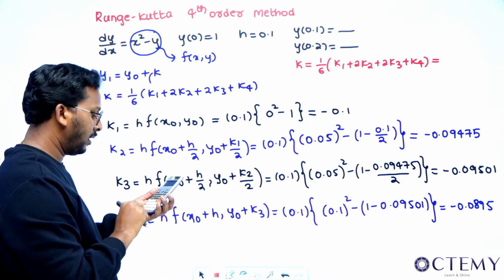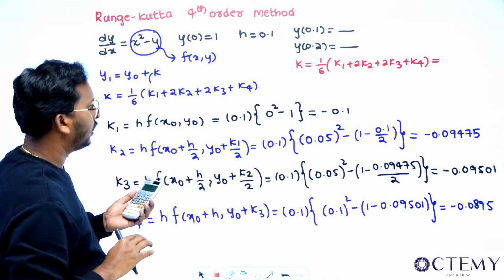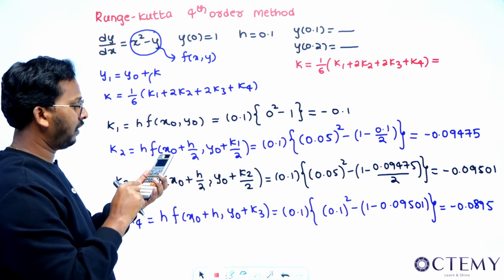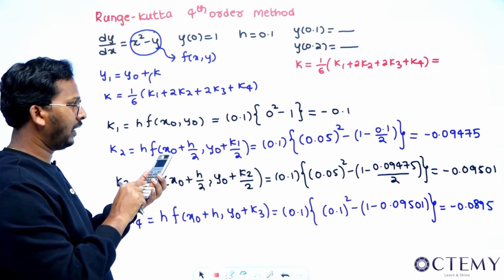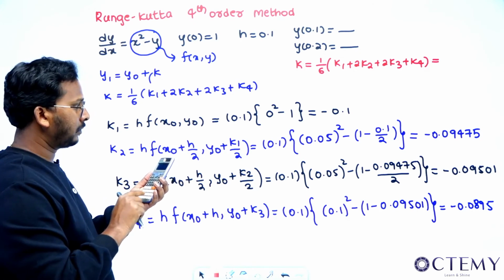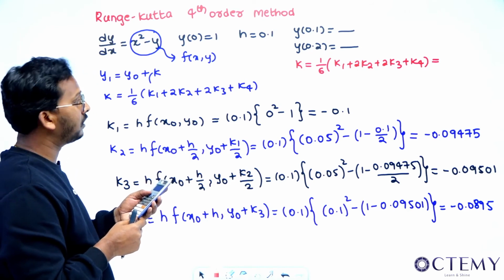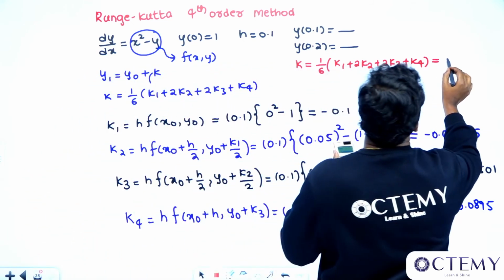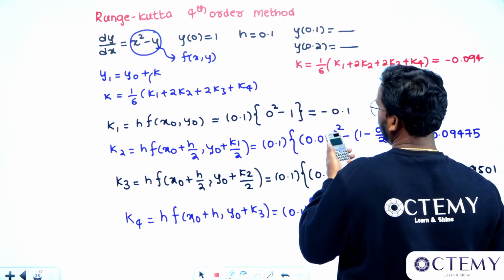K1 is minus 0.1 plus 2 into K2, which is minus 0.09475, minus K3, which is 0.09501 minus 0.0895. This divided by 6, you are getting it as minus 0.09483.